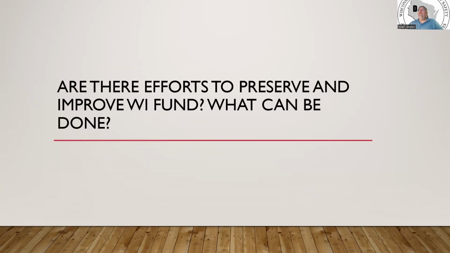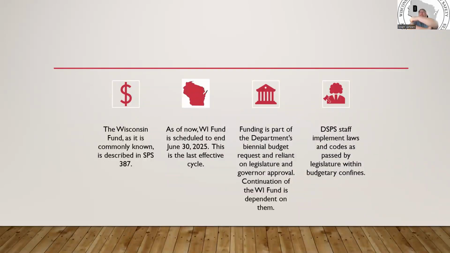Are there efforts to preserve and improve the Wisconsin Fund, and what can be done about that? Well, the Wisconsin Fund, as it's commonly known, is the grant program for rehabilitation and replacement of septic systems. It's described in 387.